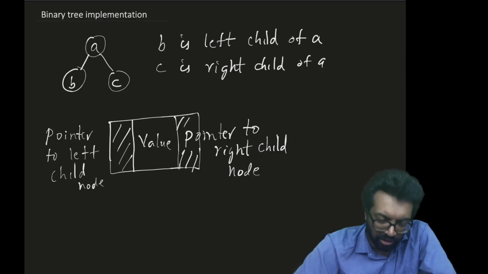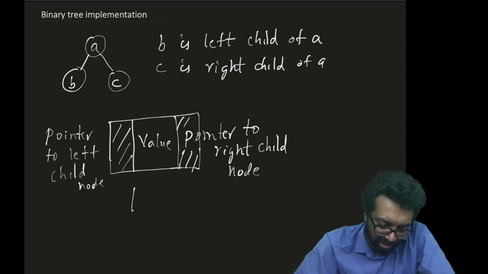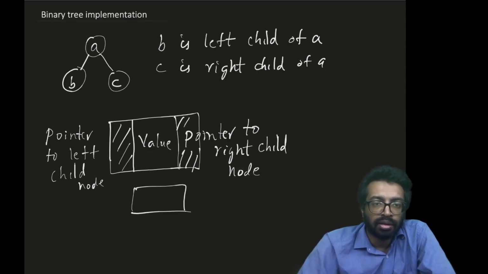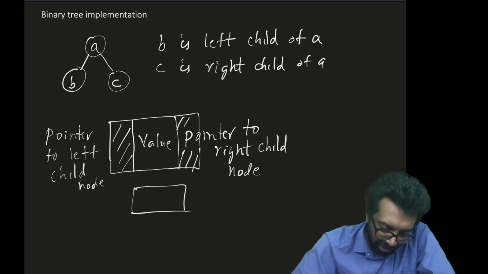Okay. So what will a typical example be? It's clear, right? If I want to represent the same tree which I have drawn here, how will this look like?